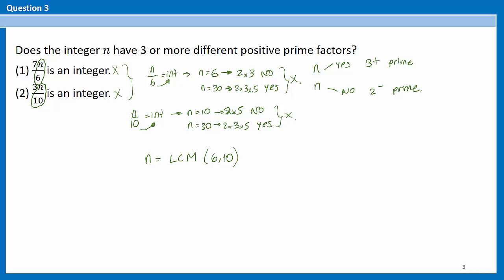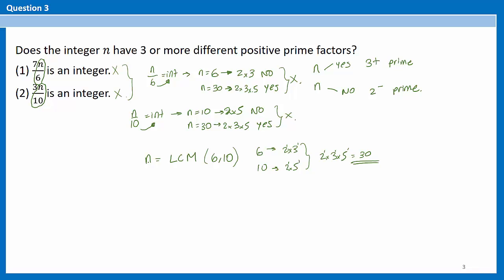And the least common multiple of 6 and 10 I would find out by taking the prime factorization. This is 2 times 3 and this is 2 times 5, so I would take all of the primes, 2 times 3 times 5, with the highest exponents. Well, they all have 1, so it's just going to be 1, 1, and 1, and this is 30.